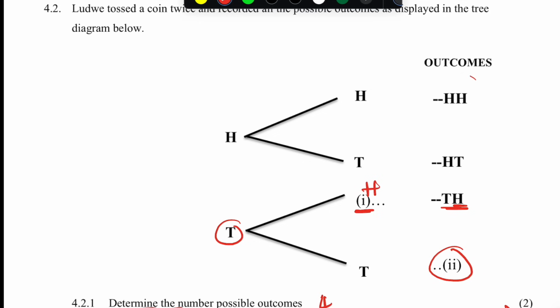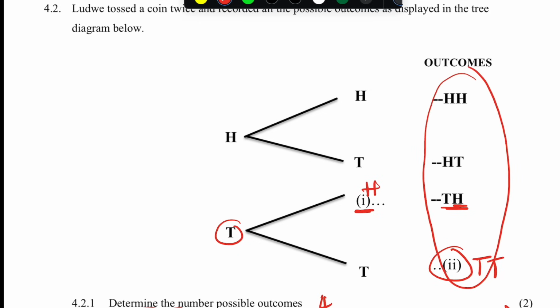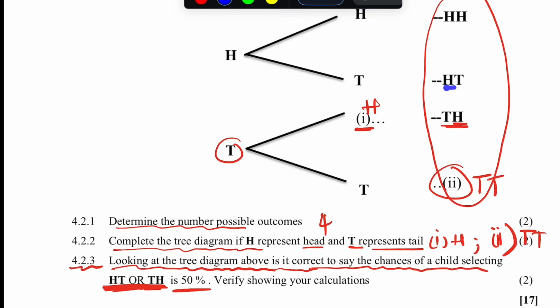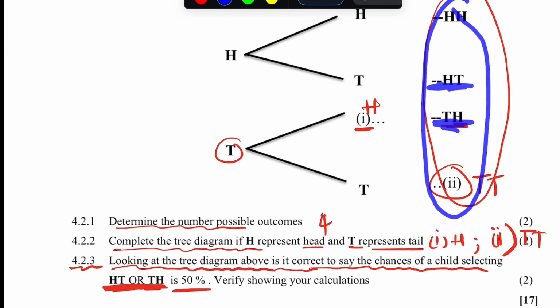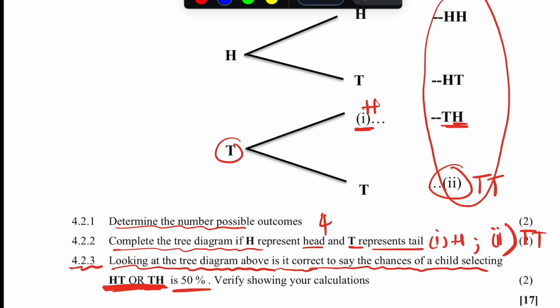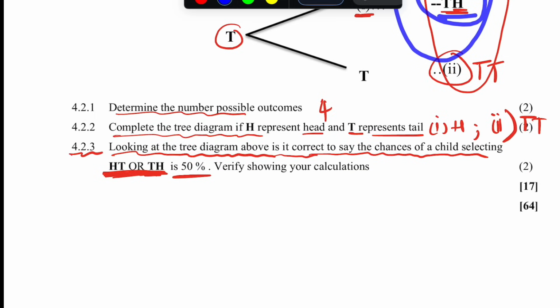Why? Do you see there are 2 head-tail outcomes out of how many? 4 possible outcomes. So to prove that it's 50%, we have head-tail, 2 of them out of 4. This is how you prove if the child is correct.